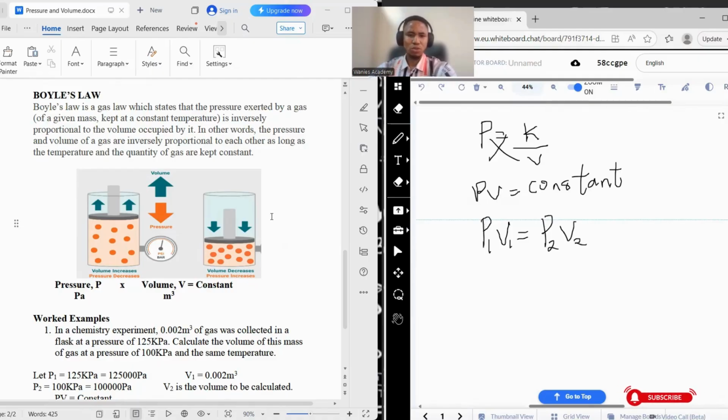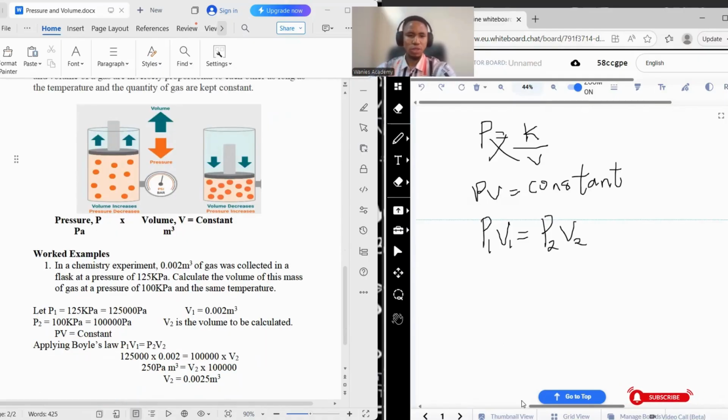So let's have an example to explain that. We have this question here. In a chemistry experiment, 0.002 meter cube. What is 0.002 meter cube? That will be the volume. So let's make it V equals 0.002 meter cube. It was collected in a flask at a pressure P, pressure itself.